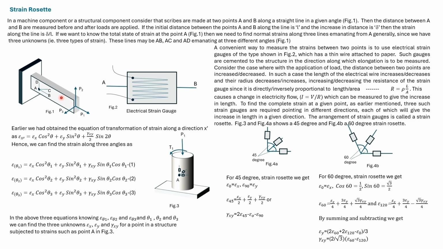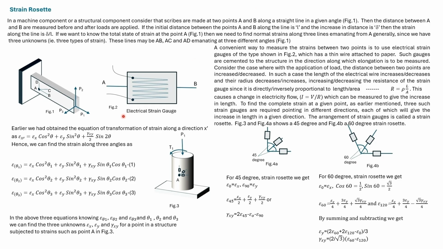If we can find out the normal strains of three straight lines emanating from A, such as AB, AC, and AD, we'll be able to find out the strain at A, as we will see shortly. The normal strains may involve increase or decrease in length.